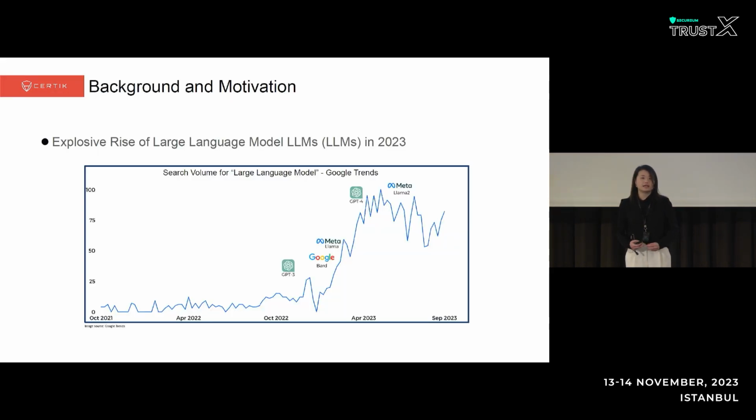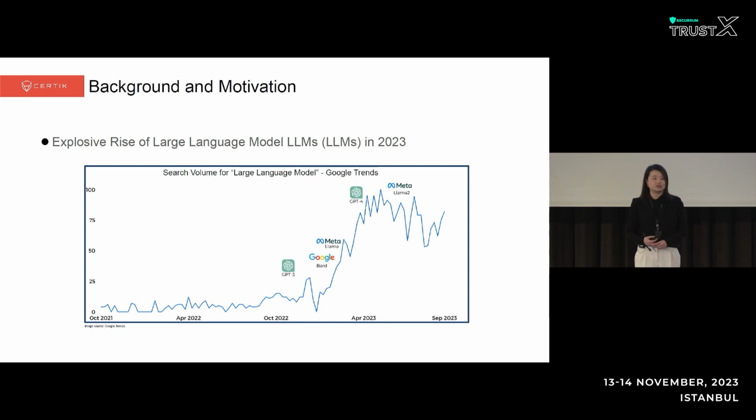Before we get started with the discussions, I just want to share some of the background and motivation for why we are doing such research. I believe most of the people here have at least heard about and used large language models such as Google Bard, ChatGPT, Meta Llama, Copilot, and many others.